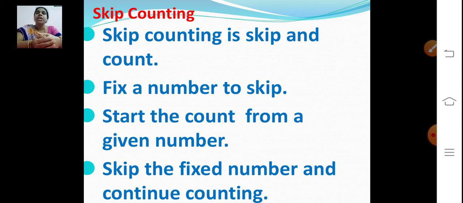Whatever number is given, maybe 123 or 150. Then skip the fixed number and continue counting. We'll see some examples, then you'll have a clear idea of what skip counting is.